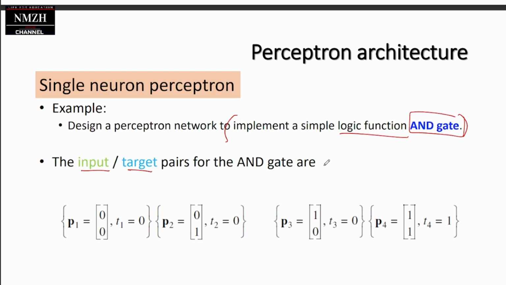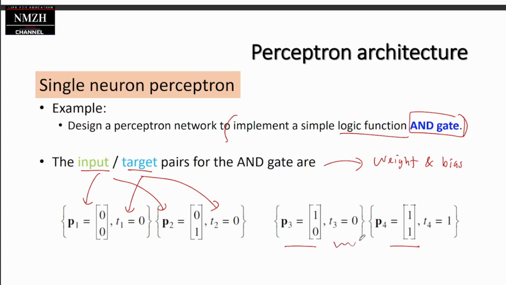The objective for this exercise is to find the weight and bias, guys. Okay, right. So commonly they will give this one as the input, this one as the target, and so on and so forth.